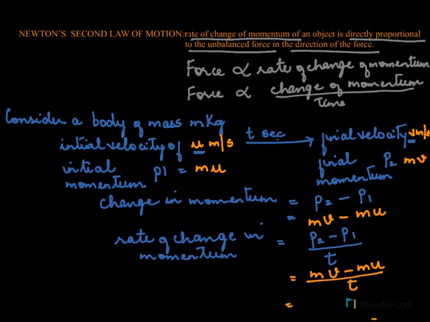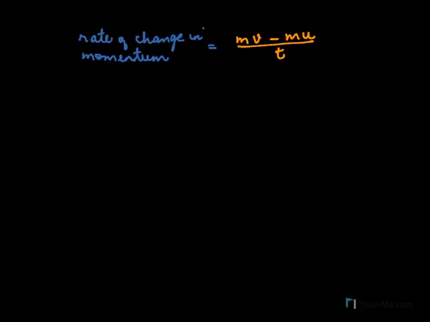From here we are going to take m common, and what will remain here is v minus u over t. And we know v minus u over t is acceleration. So the rate of change of momentum is mv minus mu over t.